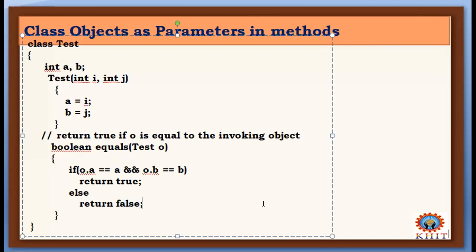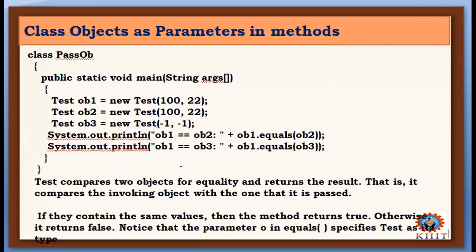So that's why one statement gives the value true and the other statement gives false. What I am trying to explain in this concept is that we are passing an object as a parameter to the method called equals. That is what he wants to show.